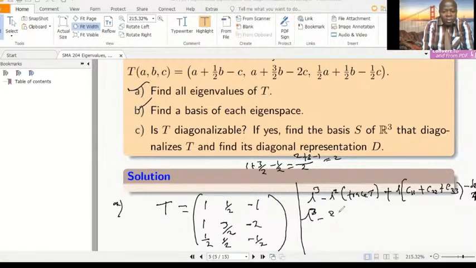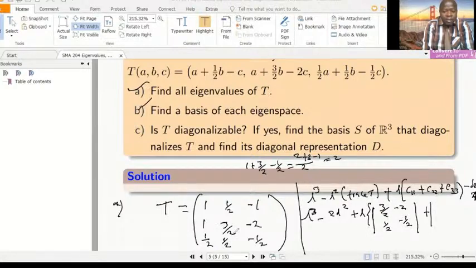So this is lambda cubed minus 2 lambda squared, and then plus lambda times the cofactors. For this first element, when you delete the row and the column of that element 1, we are left with the matrix 3 over 2, negative 2, a half, and negative a half. So we take the determinant of this.